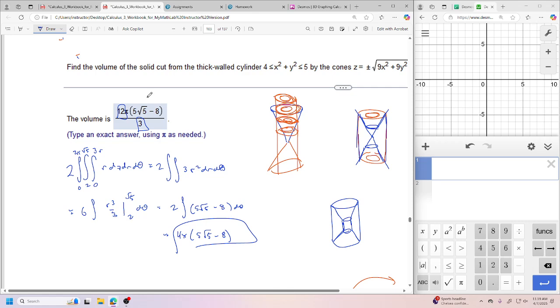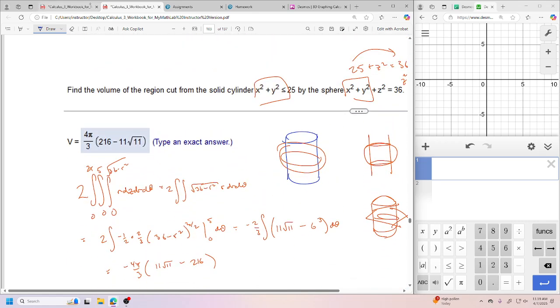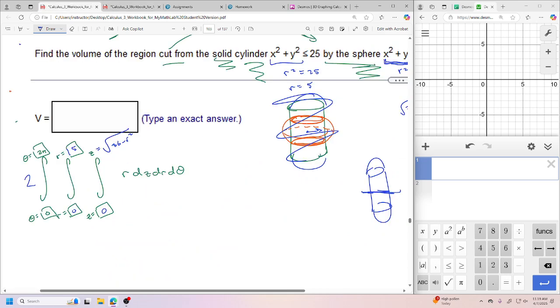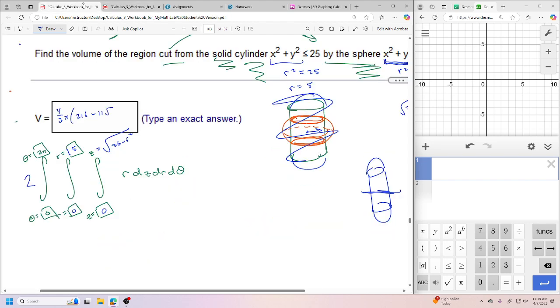So first off, we have to get it wrong. We'll come back to that. We have to get it wrong. This is the one we're on. Let me write down the answer. So 4/3 pi 216 minus 11 square root 11. That's what they have.